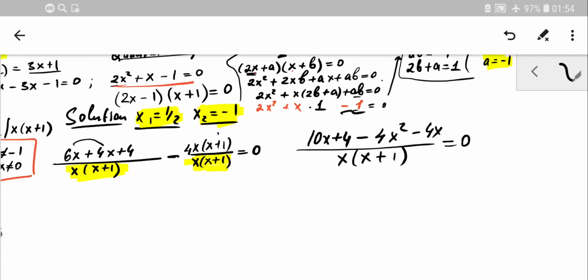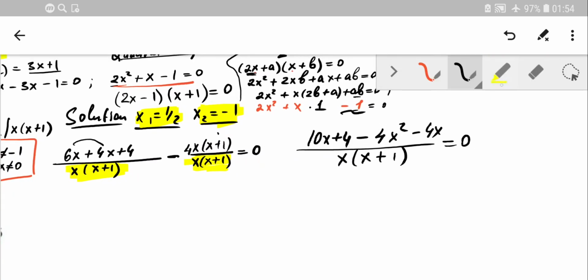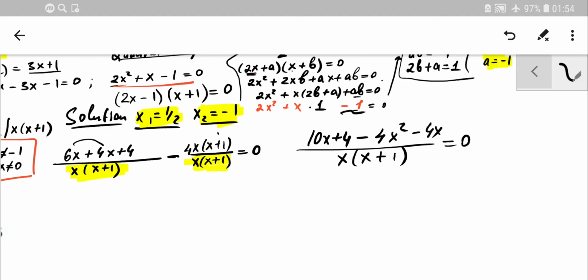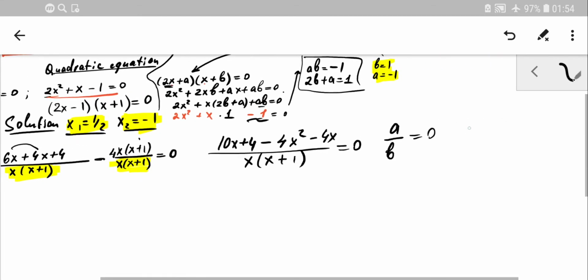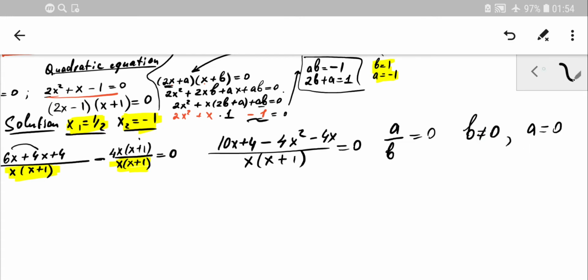Guys, if you have a fraction a over b equals 0, we definitely know that b is non-zero, while a should be 0, otherwise your fraction is not 0.